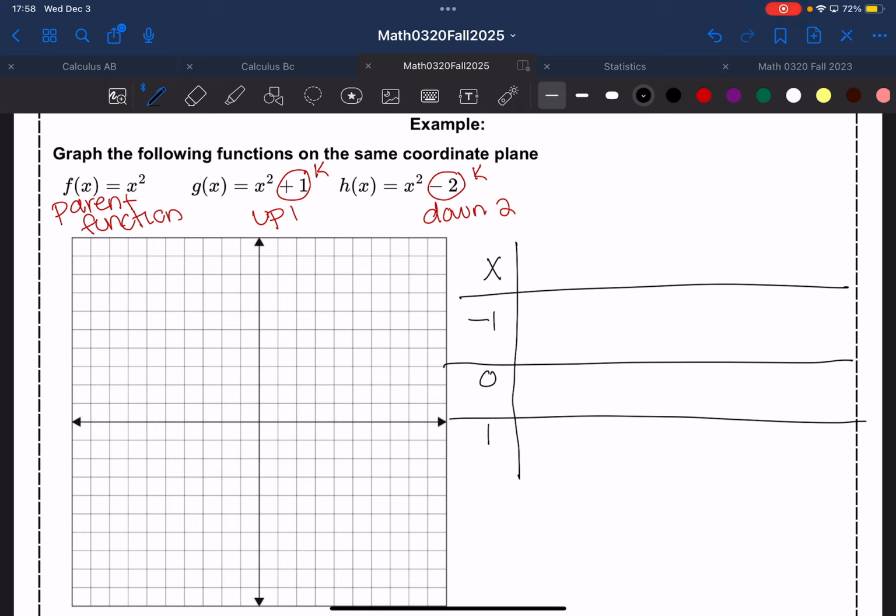So in creating my table, I'm going to create every function in there and plug in those values. So I have f of x is equal to x squared. G of x is equal to x squared plus 1. And h of x is equal to x squared minus 2.